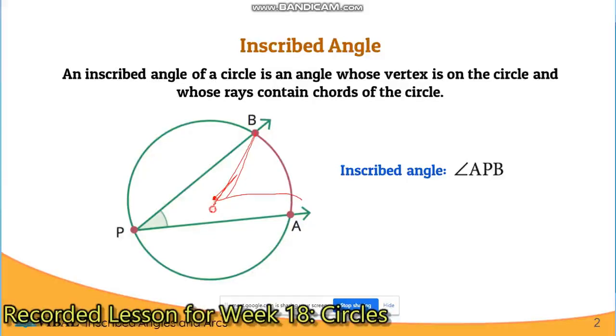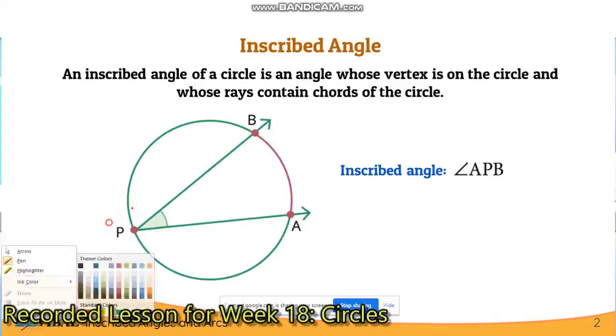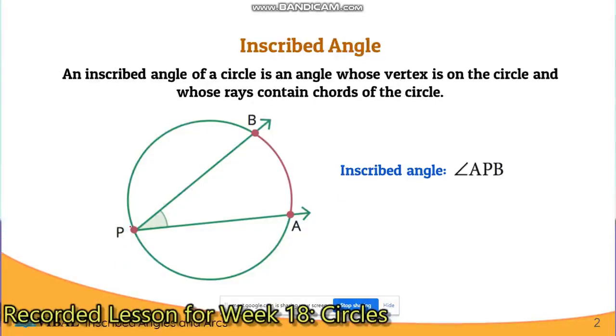Okay? Ito ay central angle. Compared to inscribed angle, ang kanyang vertex ay nandito sa circumference ng ating circle. So, kapag nakita ninyong figure, ay yung vertex niya ay nandito sa circumference ng ating circle, we call that an inscribed angle.